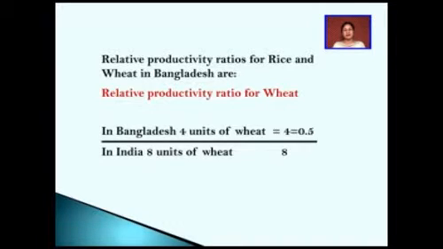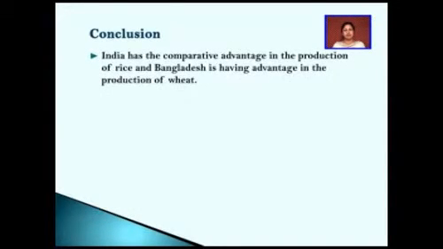That is 4 divided by 8, and the answer you will get is 0.5. From this, we can easily make out that the relative productivity ratio for wheat is higher than the relative productivity ratio for rice in the case of Bangladesh. So with this, we can come to a conclusion that India has a comparative advantage in the production of rice, whereas Bangladesh has a comparative advantage in the production of wheat.